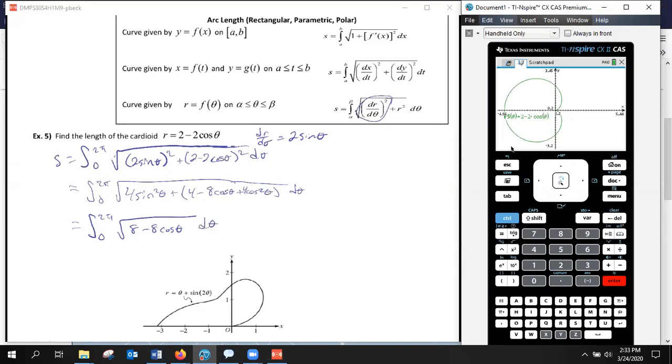What can I do with this? Let's have a little bit of fun. And I say fun, you guys are like, yeah, I'm not sure. So that would say the integral from 0 to 2 pi, and then say square root of 16 minus 16 cosine theta over 2 d theta, which if we factor out that 16, that would be 4 times the integral from 0 to 2 pi, square root of 1 minus cosine of theta over 2.